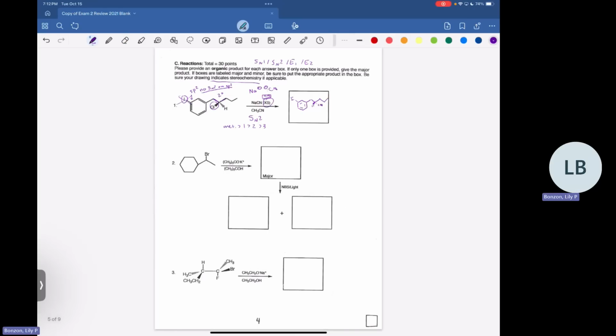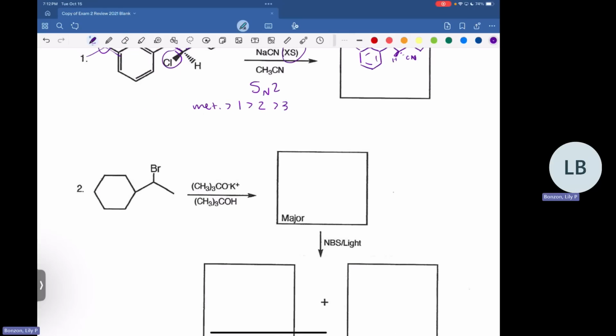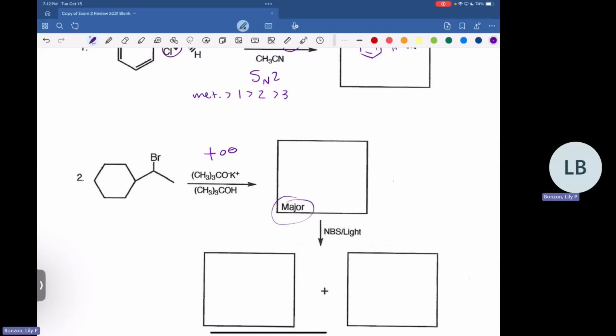Okay. Next one. We have a halide. We have T-butoxide. And we're asked for the major product and only the major product. This is a secondary carbon, or it's attached to a secondary carbon.